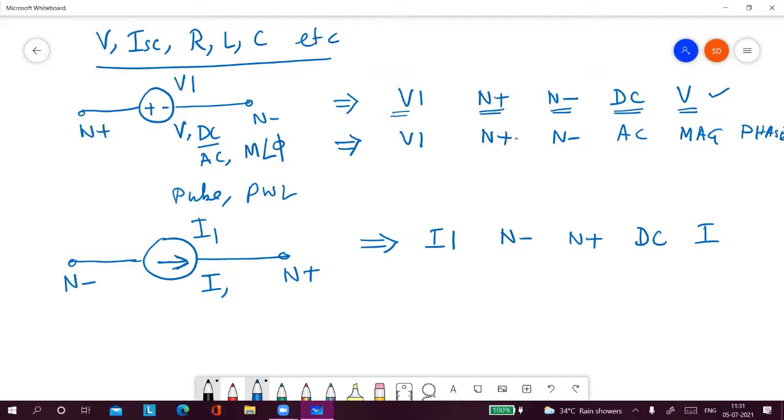Okay. Now we have a resistance. Say our resistance R1 is connected between n plus and n minus, and the current is flowing from n plus to n minus.